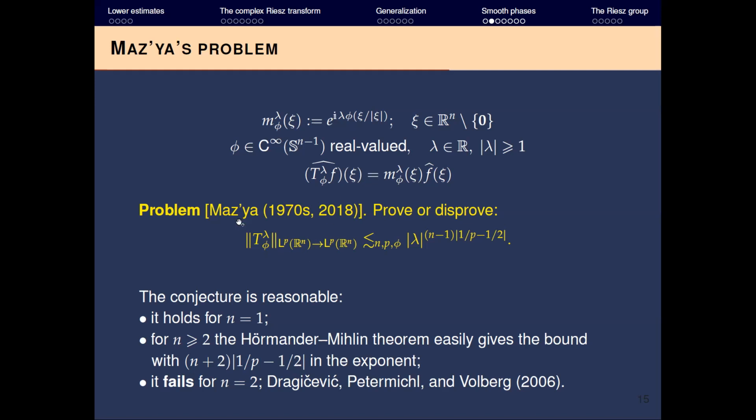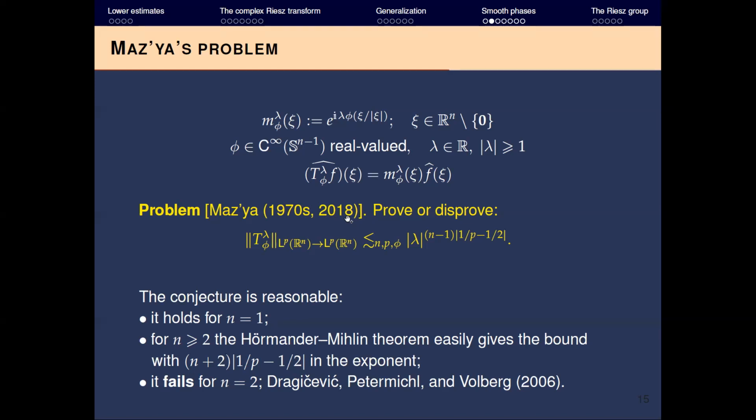So supposedly, Vladimir Maz'ya was interested in this question. It arose quite naturally from his early work on the Fourier multipliers back in the 1970s. But then he phrased it or rephrased it and formulated it explicitly on his list of 75 open problems in analysis and PDEs in 2018.